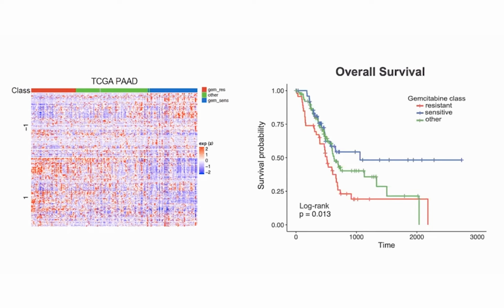Another interesting thing, just to highlight the relevance of the approach, is that basically by getting the top 100 genes characterizing resistant clones and the top 100 genes characterizing the sensitive clones, we were able to generate a signature that was not curated at all, but was able to dissect the patient PDAC cohort in TCGA and predict their survival.